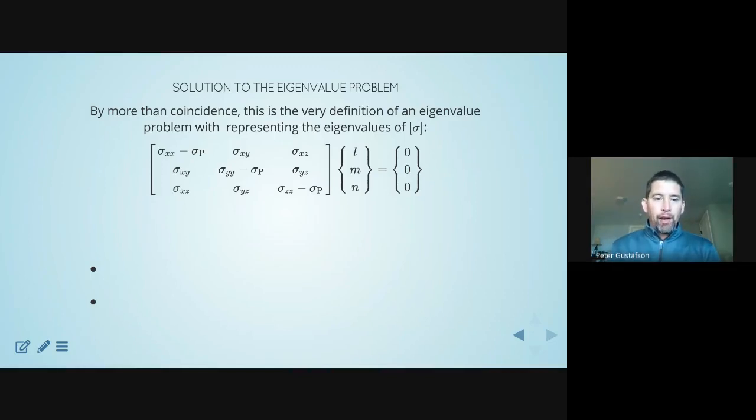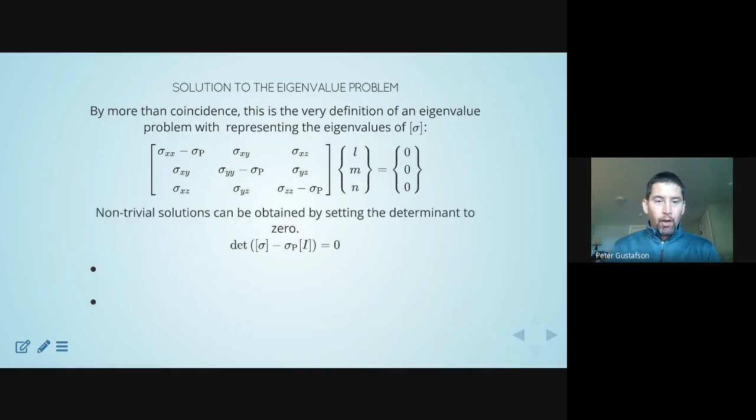So if you went through and did this manipulation, you'll recognize that non-trivial solutions, and this goes back to your days as a freshman or sophomore, to this equation can be determined by setting the determinant of that matrix, sigma minus sigma p I, equal to 0.